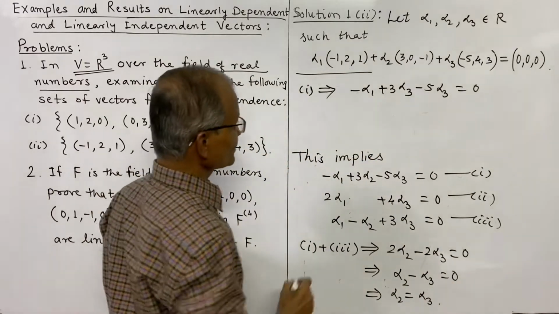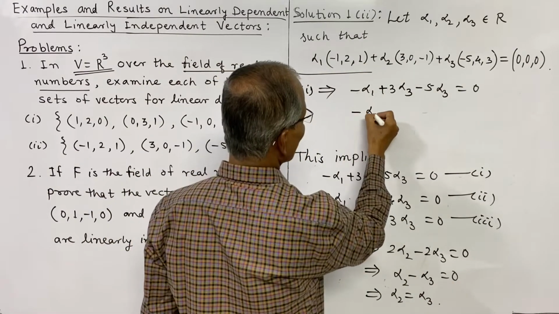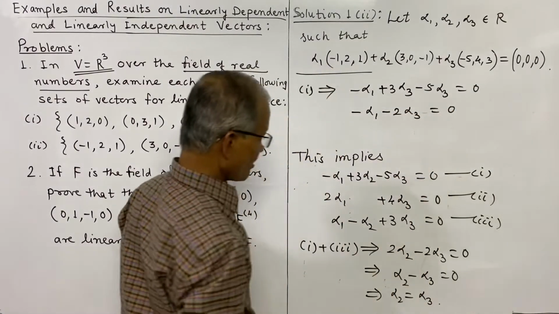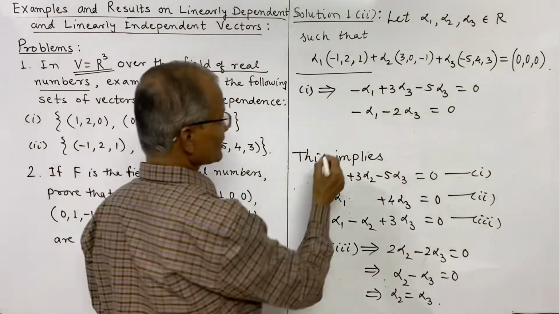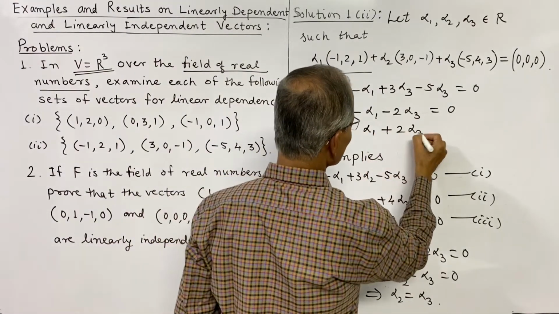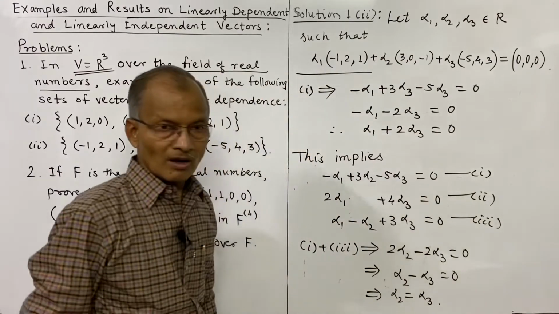That gives minus alpha 1 minus 2 alpha 3 is equal to 0, which is the same as alpha 1 plus 2 alpha 3 is equal to 0.